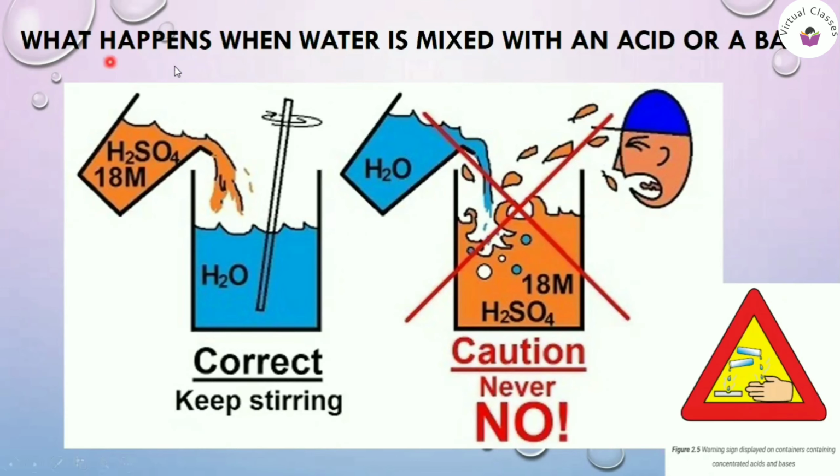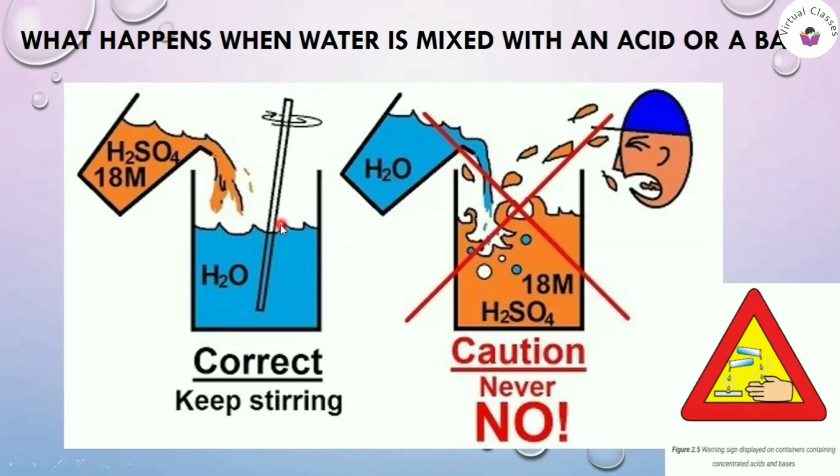Now let's see what happens when water is mixed with an acid or a base. Here we have taken H2O in a beaker to which we are adding sulfuric acid drop by drop and slowly stirring the mixture. By touching the beaker, we'll get to know that the process is highly exothermic, as the beaker will heat up.